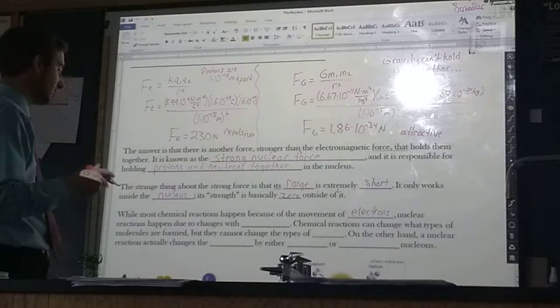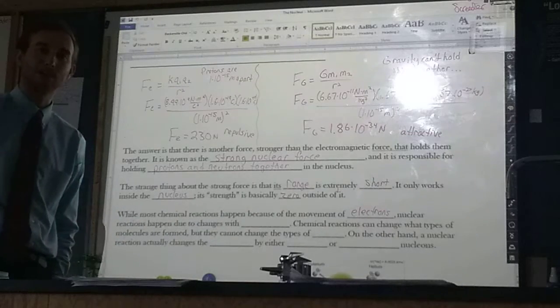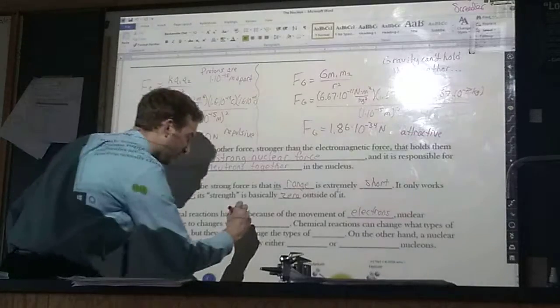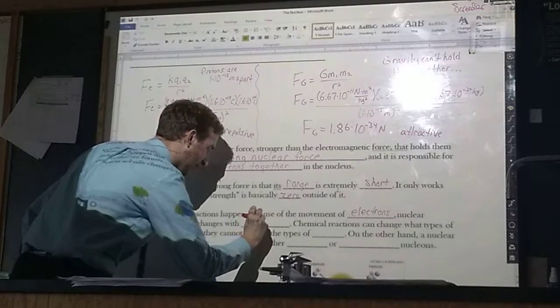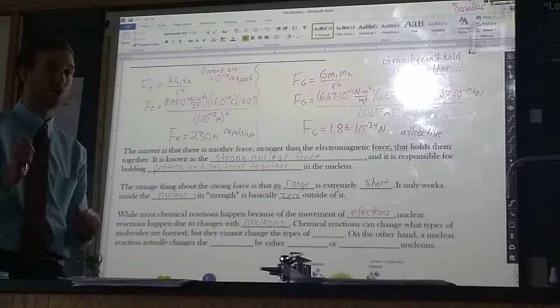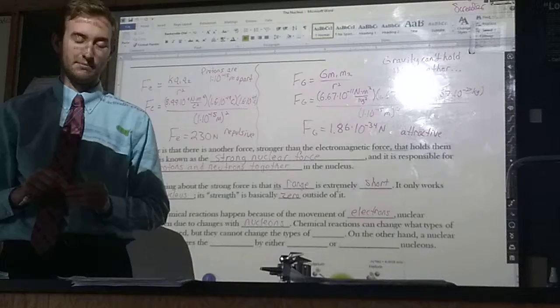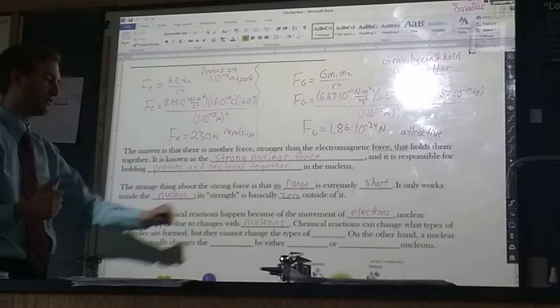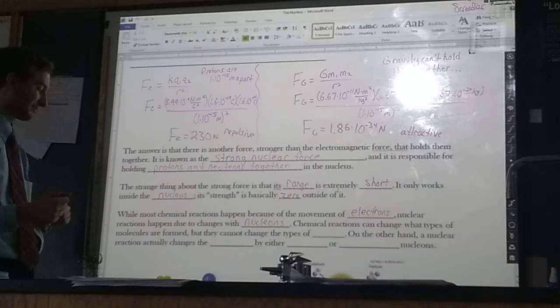On the other hand, nuclear reactions, things like radioactive decay, nuclear fusion, and nuclear fission, happen due to changes with the nucleons, the protons and the neutrons. Chemical reactions and nuclear reactions are not the same thing. They're very, very different. Chemical reactions happen with electrons. Nuclear reactions happen with nucleons inside the nucleus.